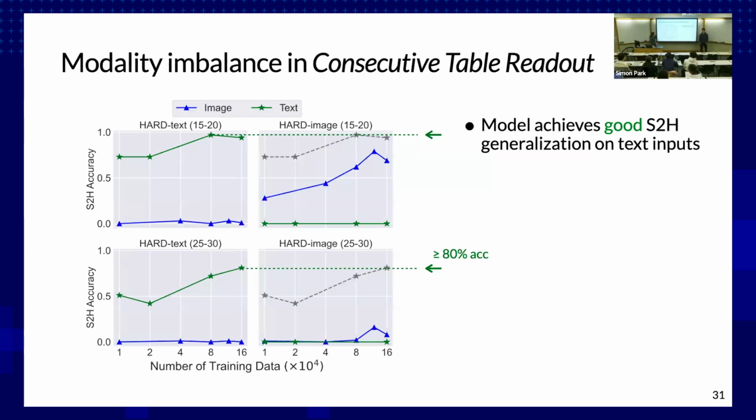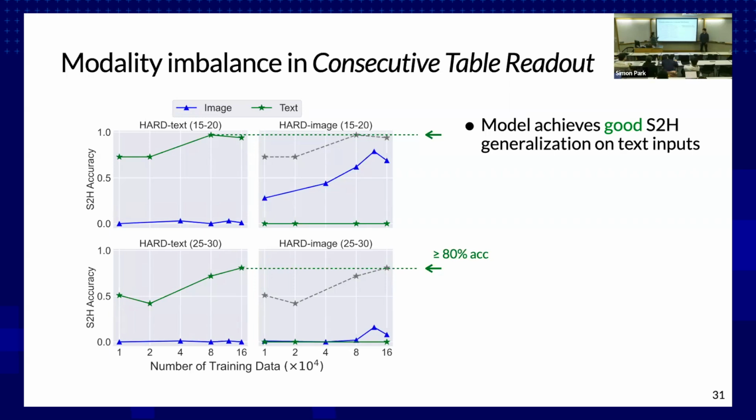So here are the results. The first row represents the slightly harder version of the task. The second row is the much harder version. The first column is the text evaluation, evaluated on the OOD text, and the second column is evaluation on the OOD image.